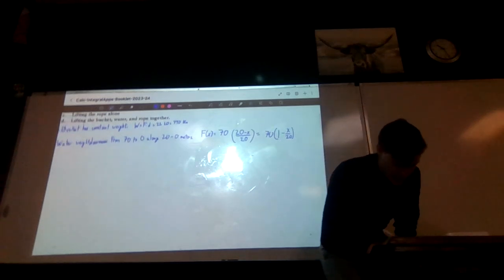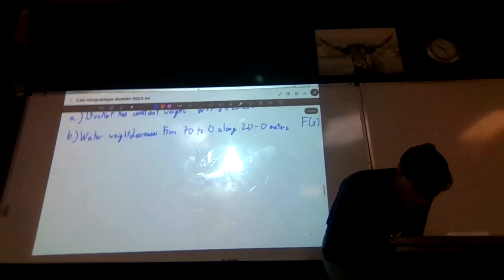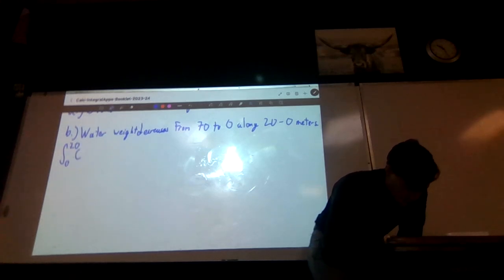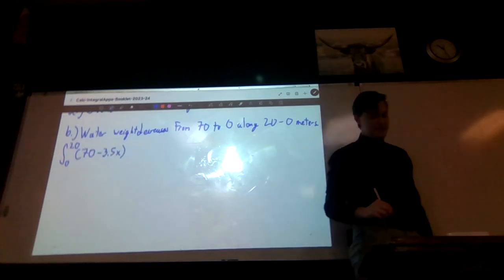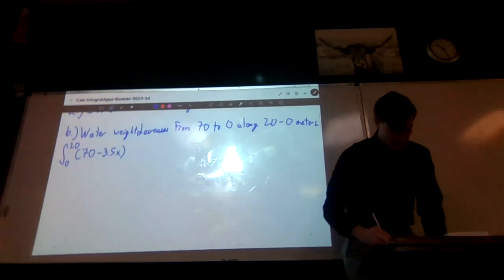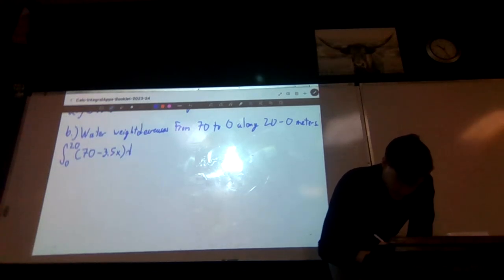So therefore, we want to do the integral from 0 to 20 of, distribute the 70 there, 70 minus 3.5x dx, since 70 divided by 20 is 3.5. Let's do this by hand.